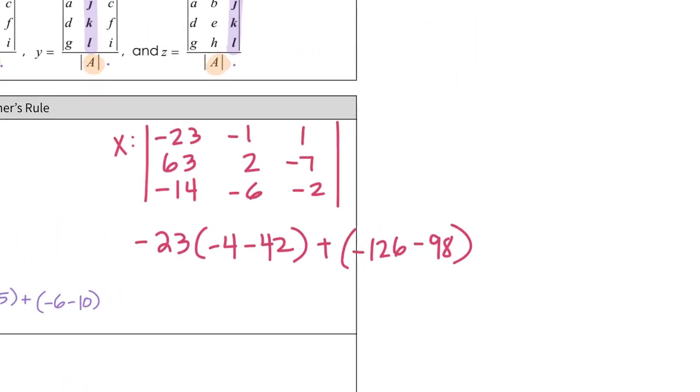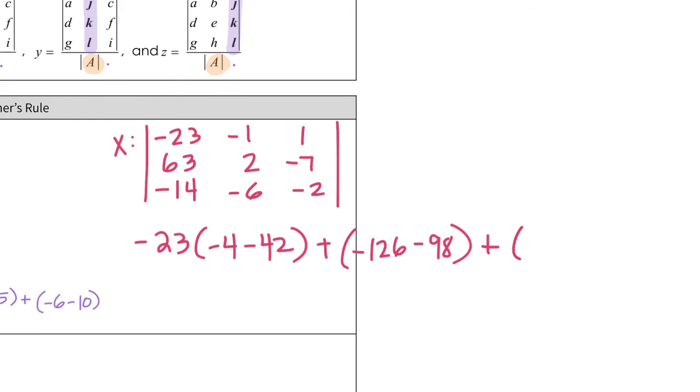Okay, and then last but not least, we add this number times the determinant of this little 2 by 2. So that would be 63 times 6. Ooh, I'm not sure about that.